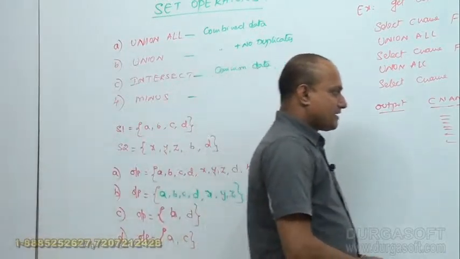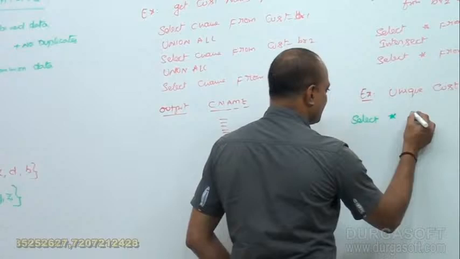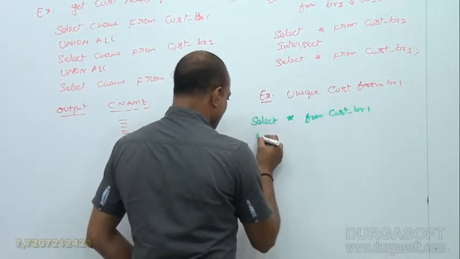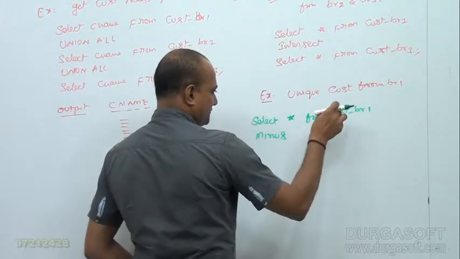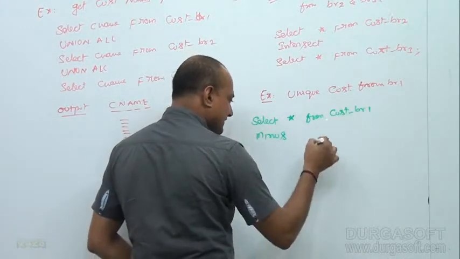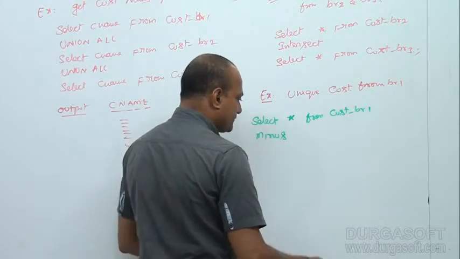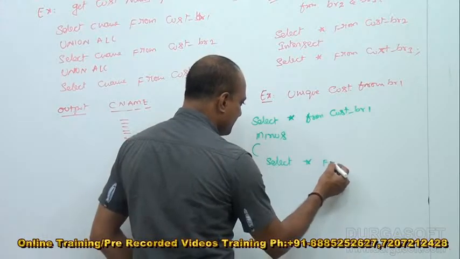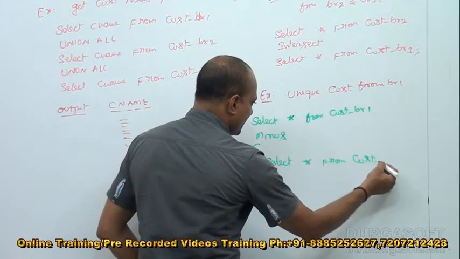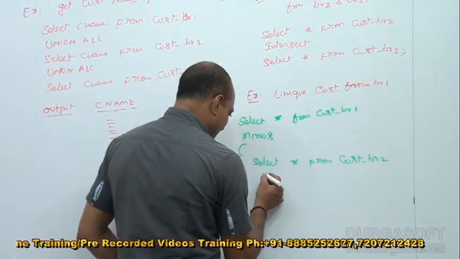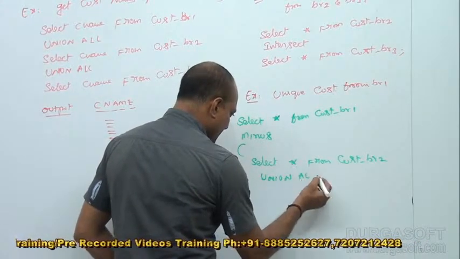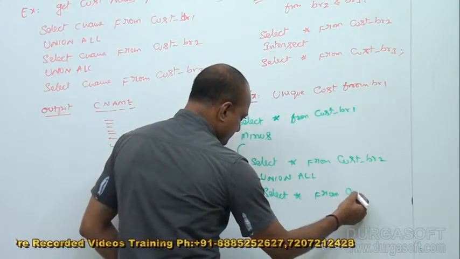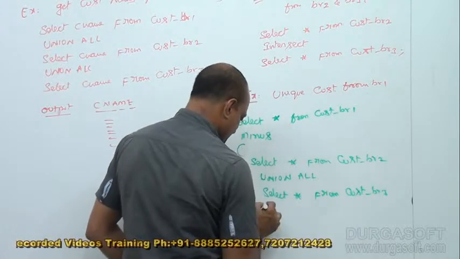Similarly, get customer details. Select star from customers branch 1 minus. Why? Because if any customer from branch 1 repeats in the rest of the selections, he should be eliminated from the output. So open the parenthesis and write it like this: select star from customers branch 2 and union all select star from customers branch 3.